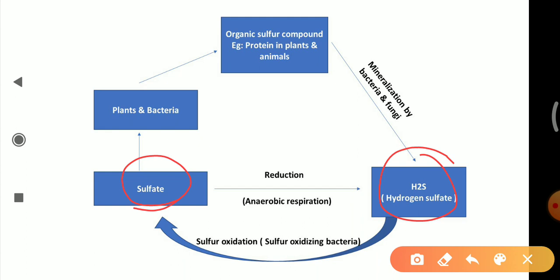The cycle can follow this path, or go directly by this route. Again, sulfate is reduced to H2S by the sulfur-reducing bacteria, Desulfovibrio and Desulfotomaculum.